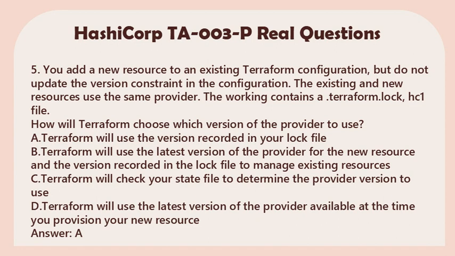A. Terraform will use the version recorded in your lock file. B. Terraform will use the latest version of the provider for the new resource and the version recorded in the lock file to manage existing resources. C. Terraform will check your state file to determine the provider version to use. D. Terraform will use the latest version of the provider available at the time you provision your new resource. Answer: A.